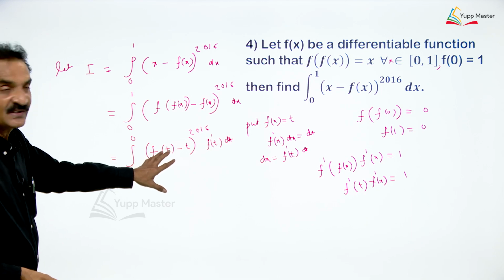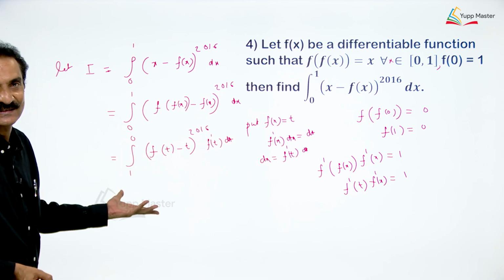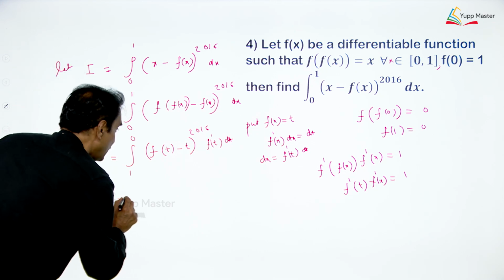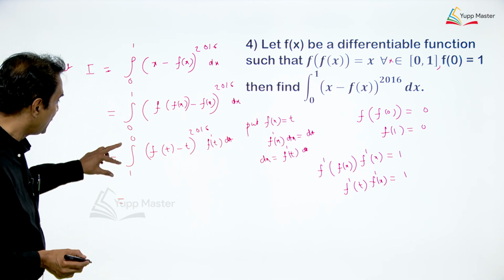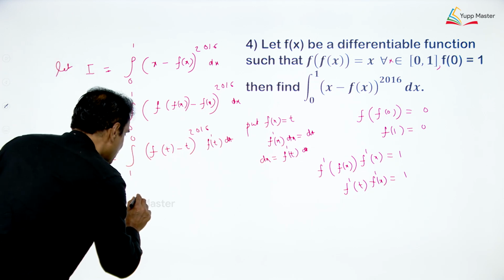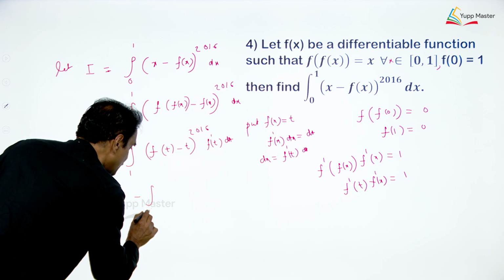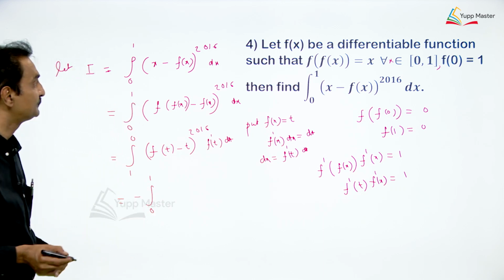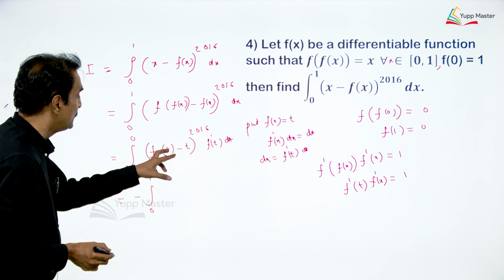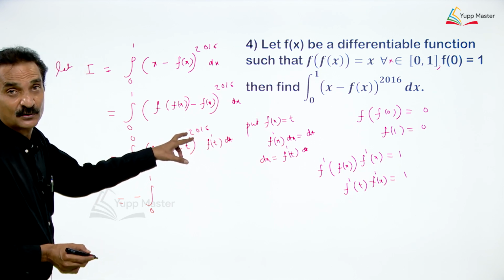Now, we can change this t to x as we discussed in the previous question, and also we can interchange the limits by changing the sign. So, it becomes minus integral 0 to 1 f of x minus x whole power 2016.